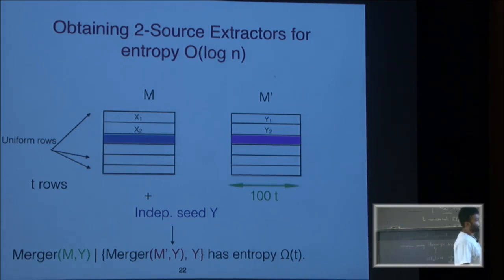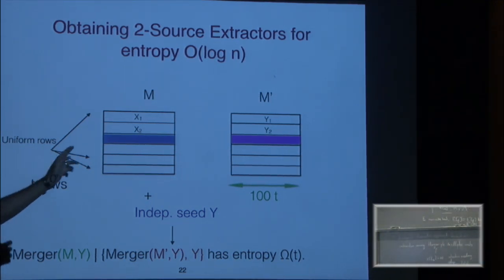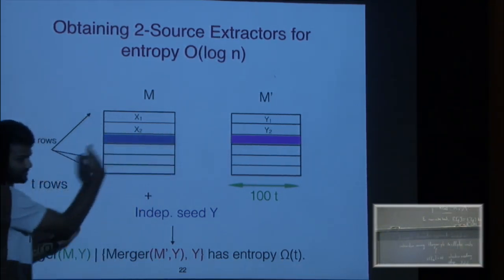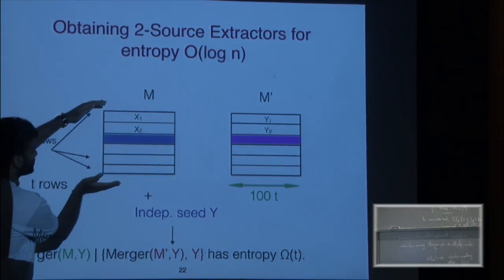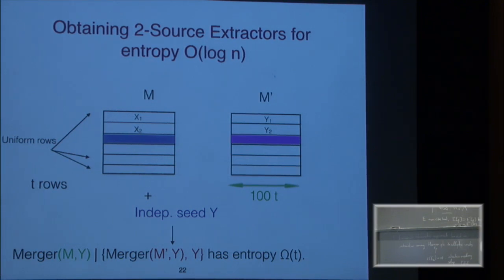All it's saying is that suppose you just had one row and it was independent, then you could just output that row. Now you want to merge this independence and output just one row maybe. Ideally you'd want uniform, but given some machinery, it's enough to have just entropy.